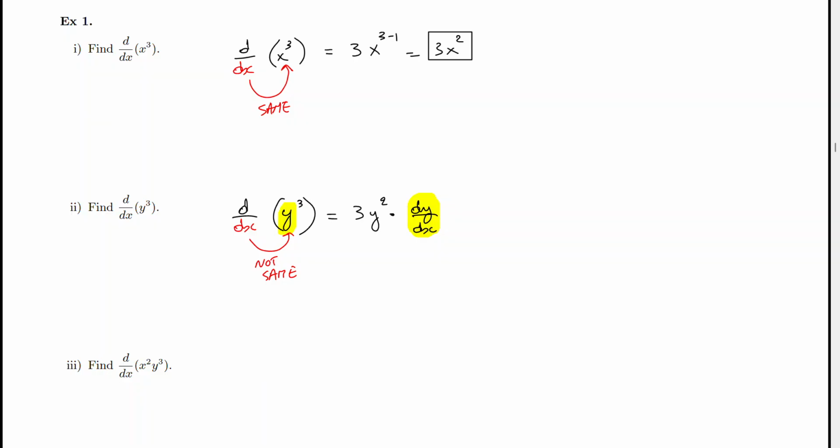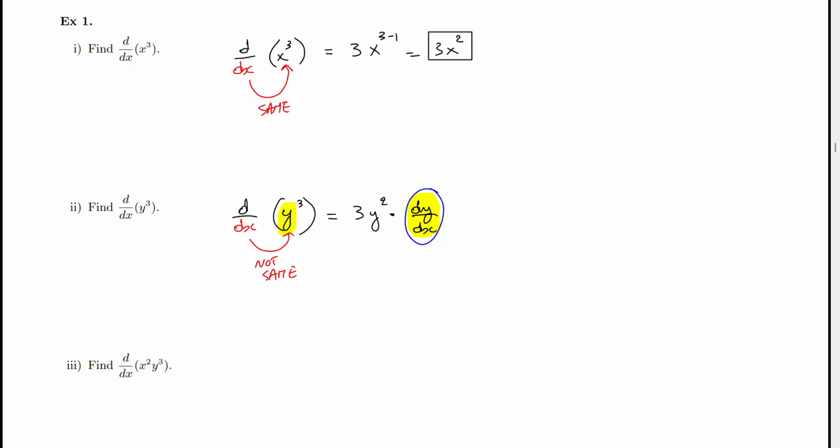So this y may have been something like x plus 3, or maybe 2x plus 5. It's some quantity that has x's in it. And when you differentiate that quantity using the general power rule, you need to find the derivative of the inside, but we don't know the inside, so we just write a little reminder on the side saying we still want dy over dx.